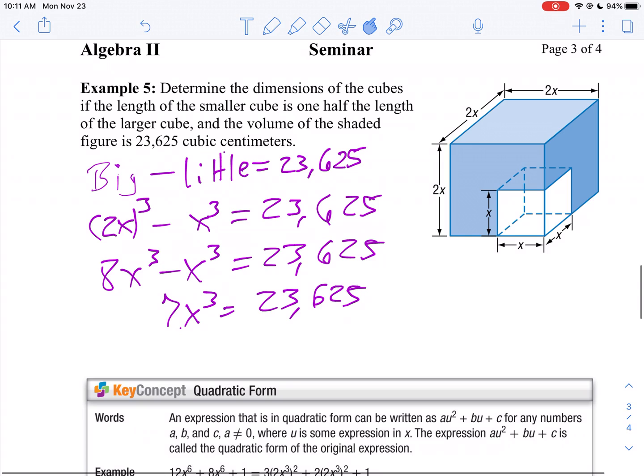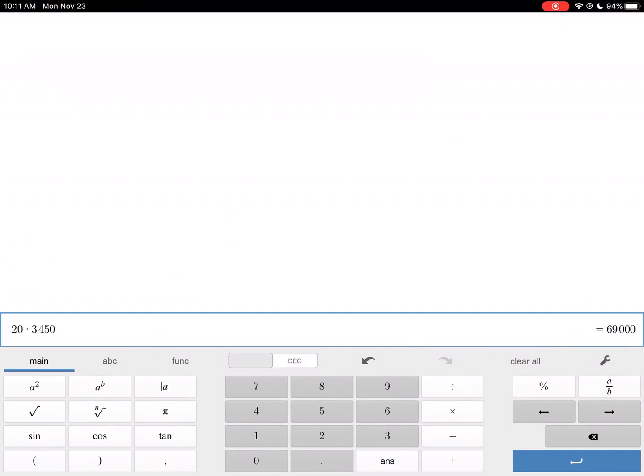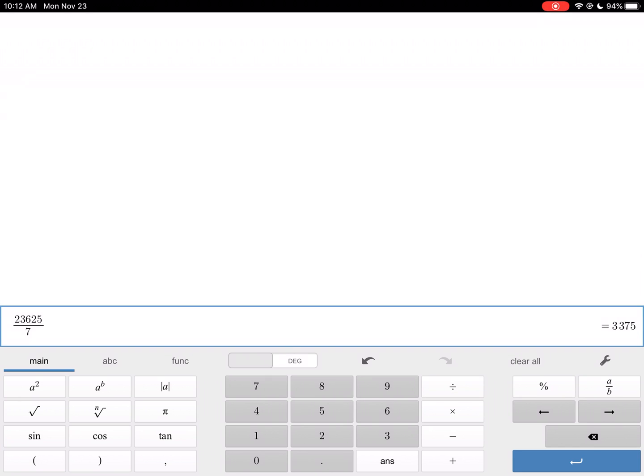Well, to solve for x, kind of running out of room here, we divide both sides by 7. So we get x cubed equals, I can't do that in my head, I don't expect you to, 23,625 and we're going to divide that by 7.